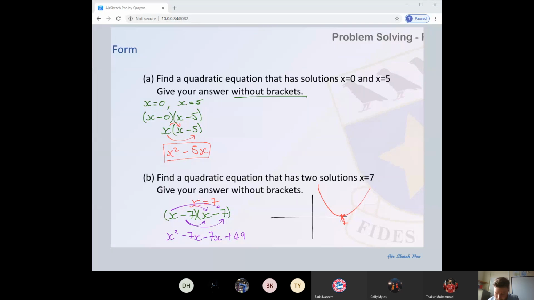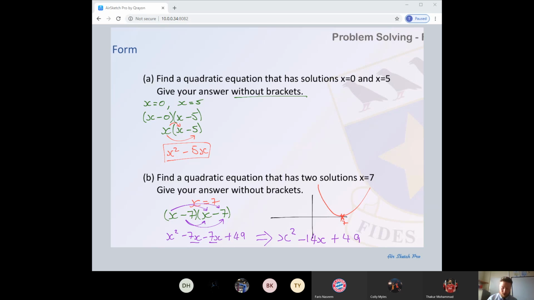And then tidying that up a little bit, that is going to give us x squared minus 14x when we collect together those like terms, plus 49. So x squared minus 14x plus 49 is the solution to that question.